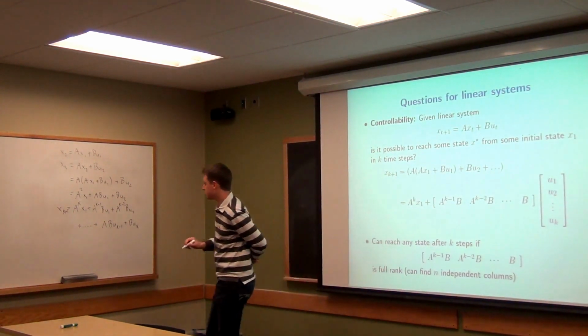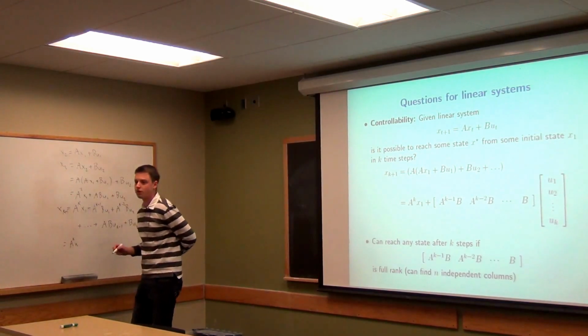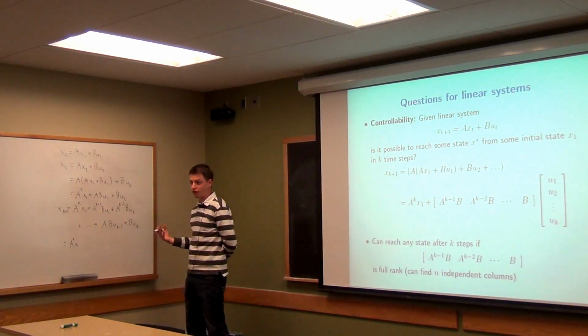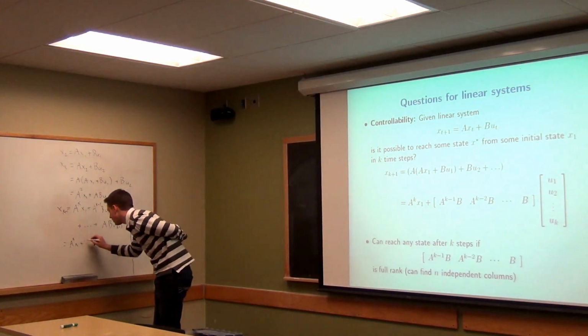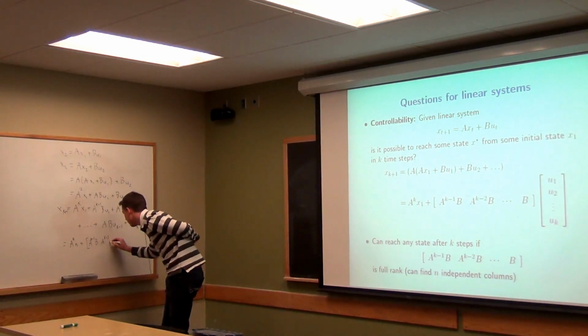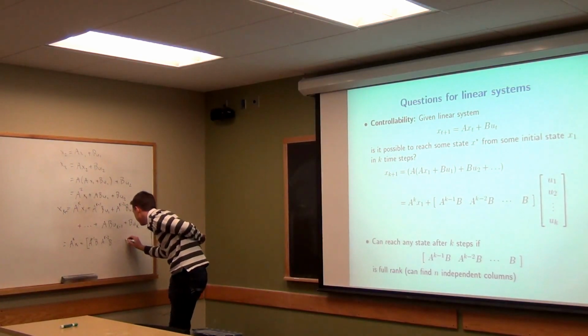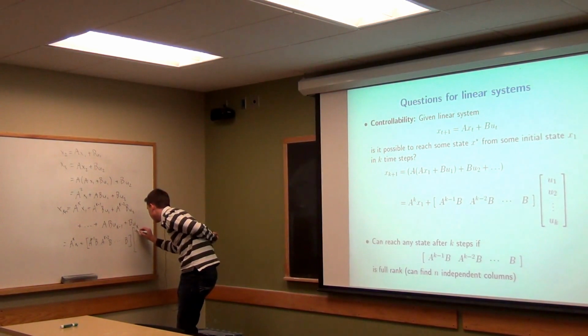We'll leave out this term, A^k x1, because we don't have any control over x1. x1 is given to us, remember? But what we do control is all our u vectors. We can control not just the first one, we can control all of them. So then there's this other big matrix, A^(k-1) b, A^(k-2) b, dot dot dot, b, times a vector of all our u's.